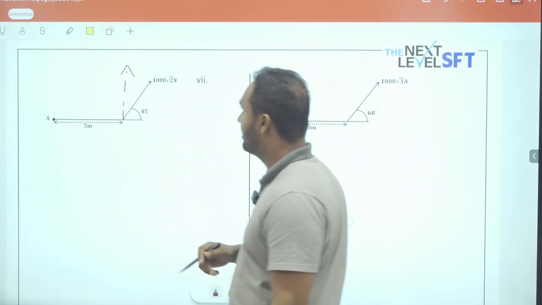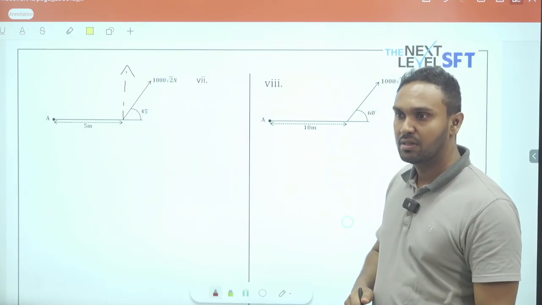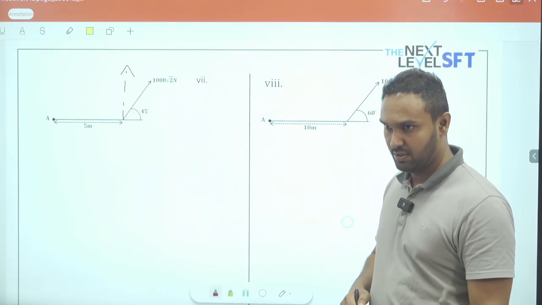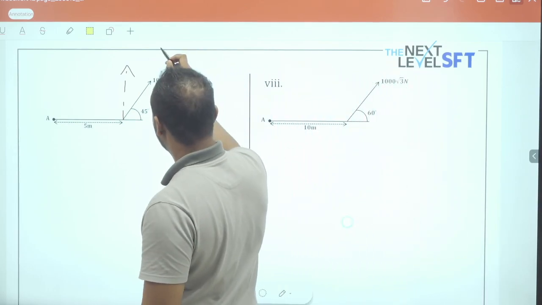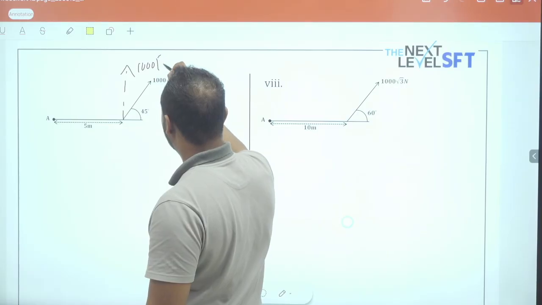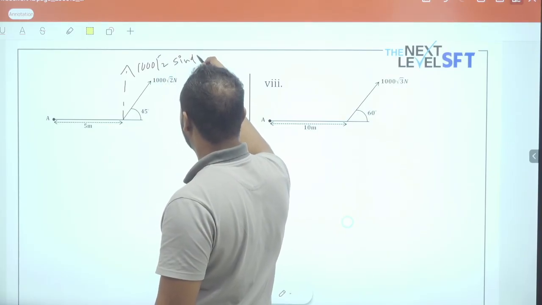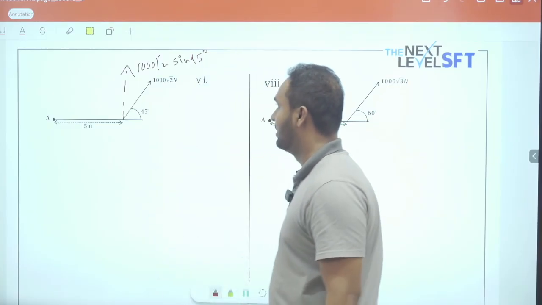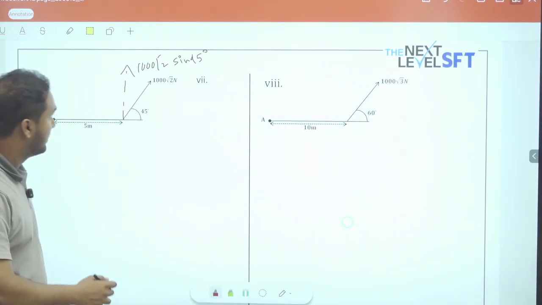So what is the perpendicular component here? 1000 root 2 into sine 45. So sine 45 is how much? So this is 1000 root 2 into sine 45. How are you going to simplify this one?